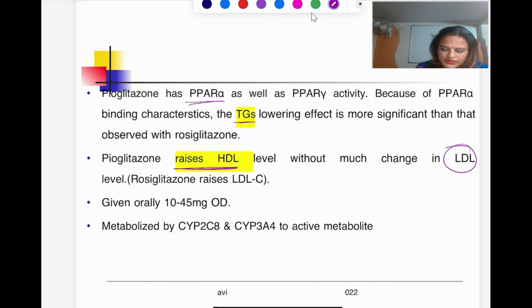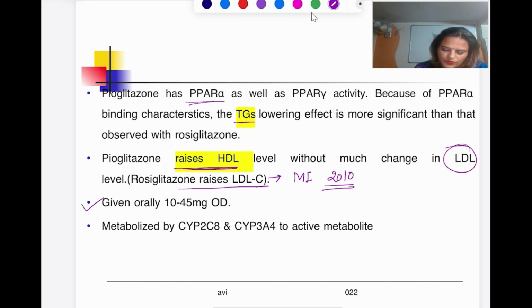Which one raises the LDL level? Rosiglitazone is going to raise the LDL cholesterol. So that's why its side effect is myocardial infarction. Because of this side effect, in most of the countries this drug was banned in 2010. So I told you already, pioglitazone is the only thiazolidinedione which is used clinically right now.